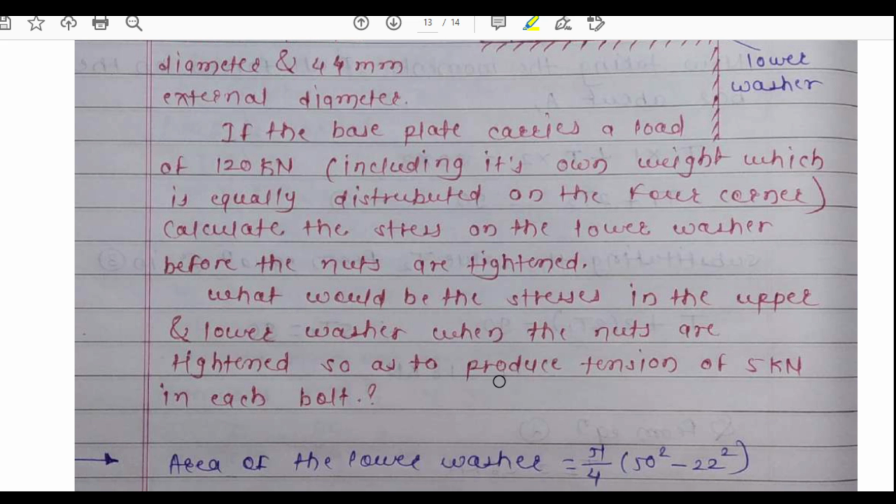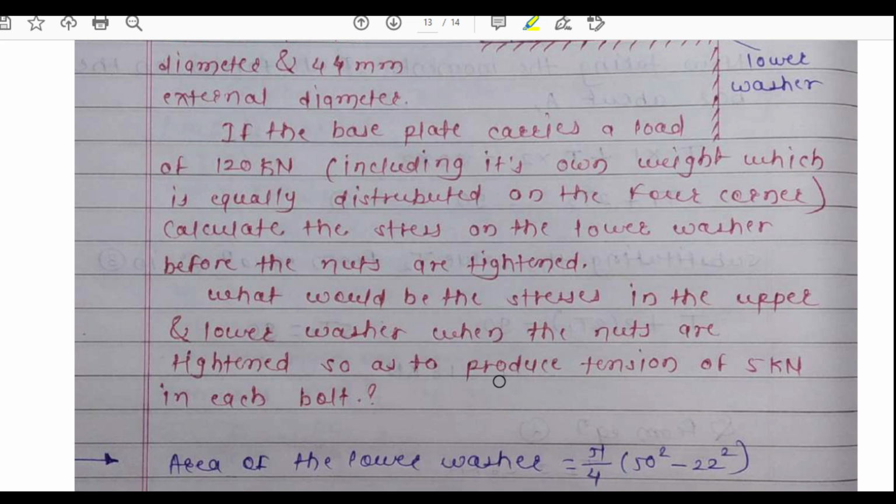Okay, now the base plate here they have said that the base plate is carrying load of 120 kilonewtons. Okay, in that case we have to calculate the stress, and again what would be the stress in upper and lower washer we have to calculate when the nuts are tightened.